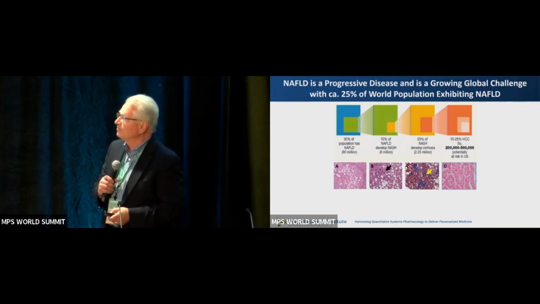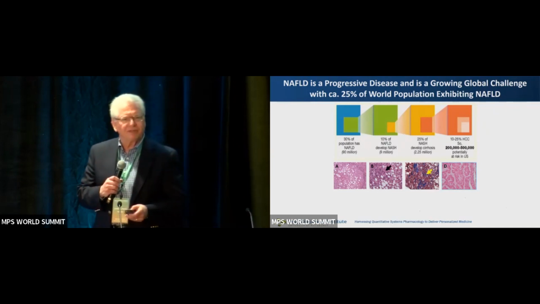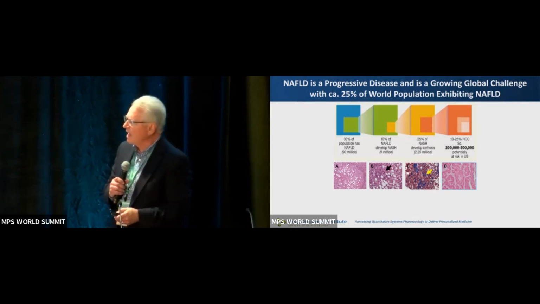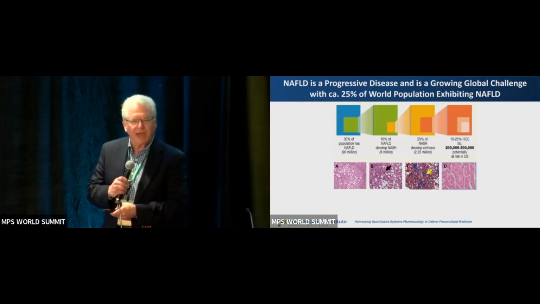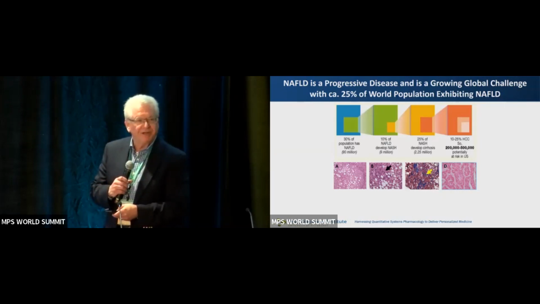NAFLD is a progressive disease, and it's a growing and global challenge, with 25% of the world population fitting somewhere in the continuum of NAFLD disease, characterized early on by an increase in fat droplets within hepatocytes, or steatosis. A percentage of patients go on to exhibit non-alcoholic steatohepatitis, which is immune infiltration.